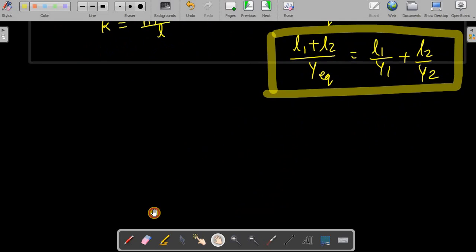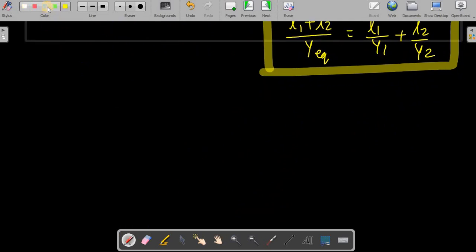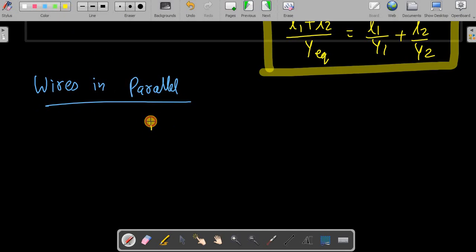In case they are in parallel, wires are in parallel, like for example two rods, one rod, another rod.